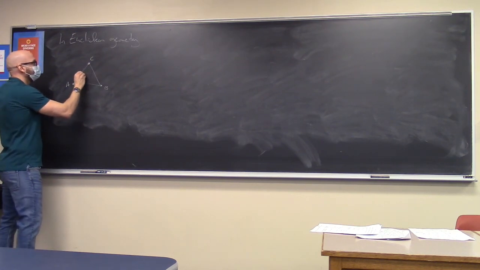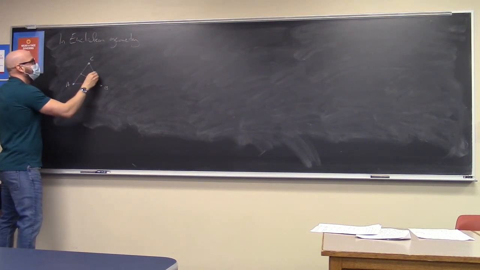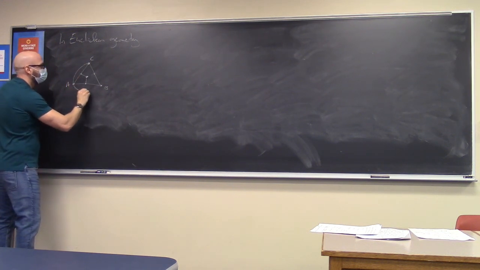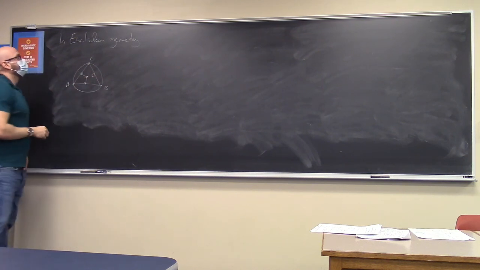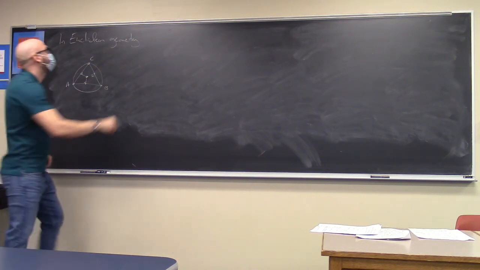So you find the perpendicular bisectors of all three sides. Those intersect at a point, and there's the circumcenter, and the circle is, of course, centered there. So in Euclidean geometry, the important observation is that every triangle can be circumscribed.